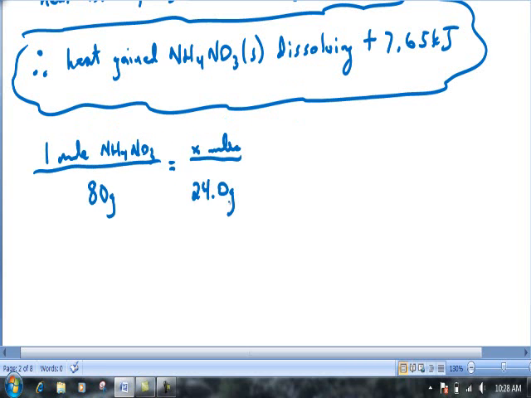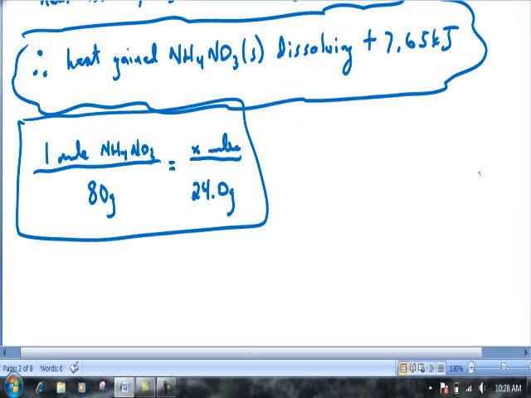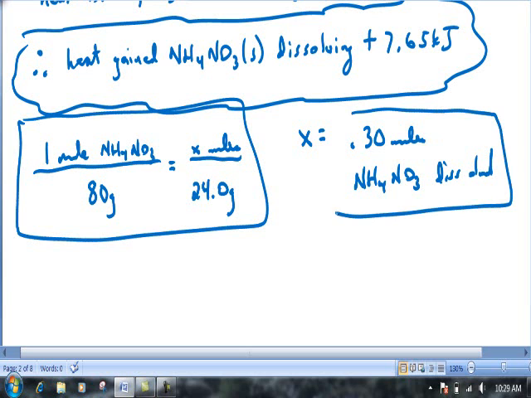Typically, we want to get our enthalpy of reaction expressed in terms of how many kilojoules were absorbed or lost per mole. So we have to switch our grams of ammonium nitrate to moles of ammonium nitrate using a proportion. We find that 0.3 moles of ammonium nitrate dissolved, and in so doing, the ammonium nitrate gained 7.65 kilojoules. We'll now use another proportion to find out the heat per mole.